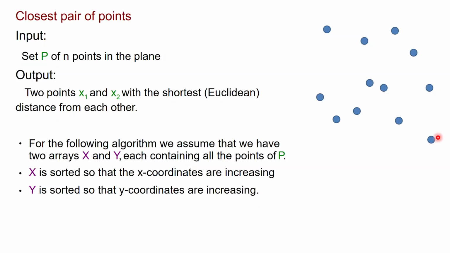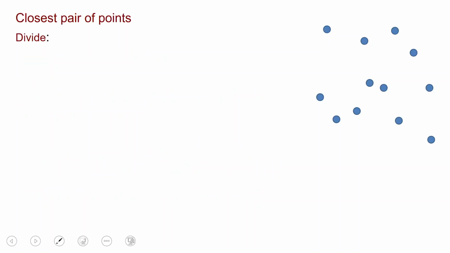The algorithm is a great example of divide and conquer. Let's see it. The first step is to divide. The divide step here is fairly natural. We are simply going to divide the points in half.